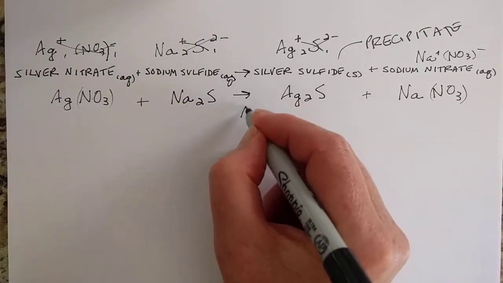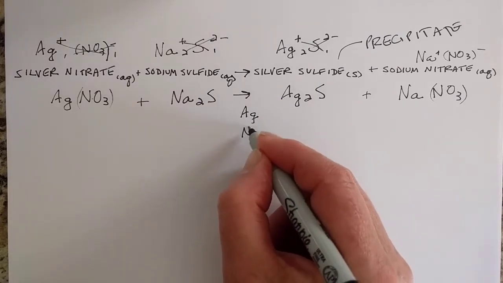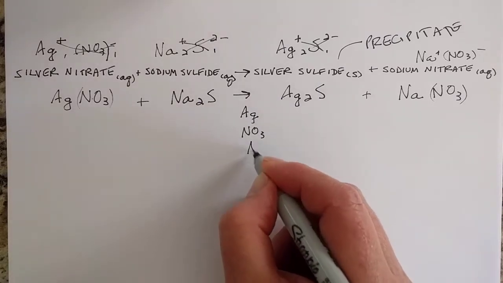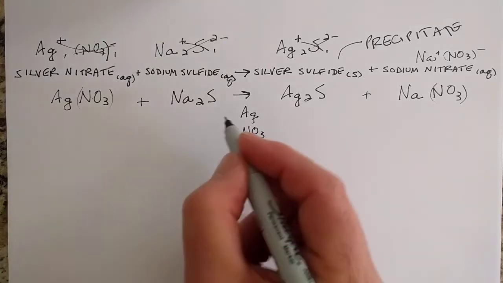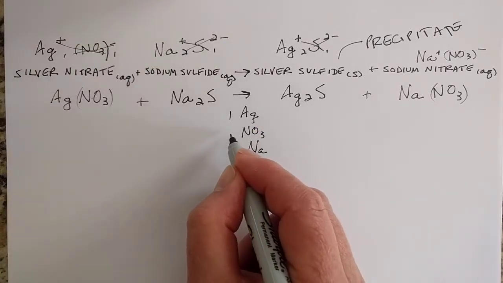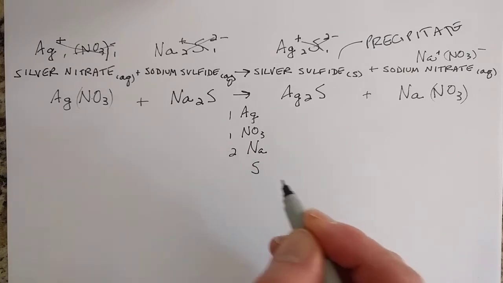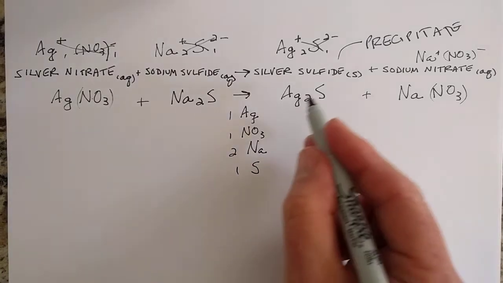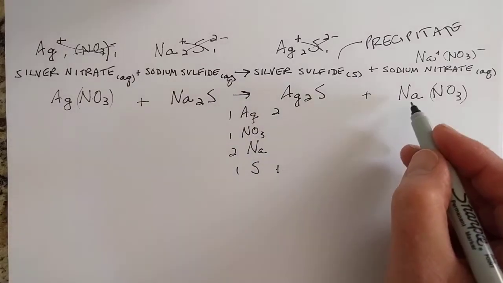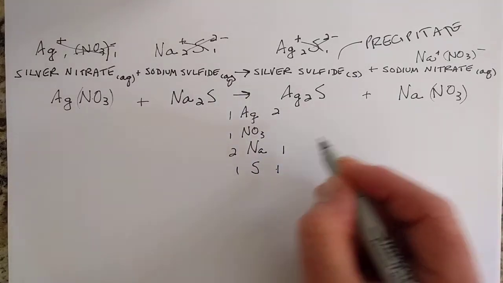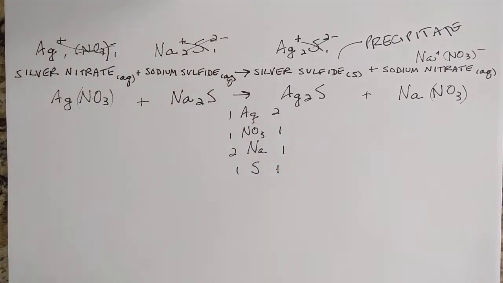So we just have to balance the silver, the nitrate ion, sodium, and sulfur. Over here, one silver, 1 nitrate group, 2 sodium, 1 sulfur. On this side, 2 silver, 1 sulfur, 1 sodium, and 1 nitrate.